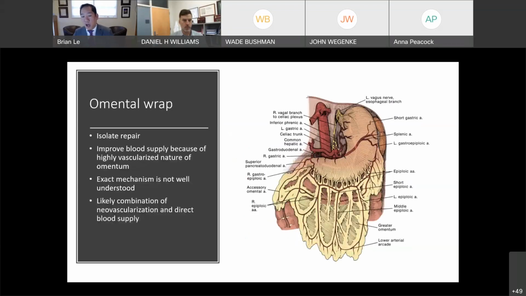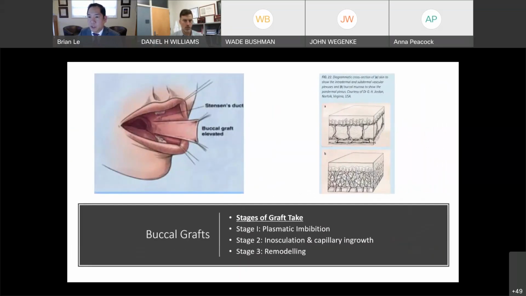One thing that they'll commonly use is an omental wrap. In an omental wrap, you'll use the blood supply of the omentum to provide blood supply to the vascular plexus of the buccal graft, because it needs to draw blood from somewhere, and you can't rely on that longitudinal adventitial vascular plexus.